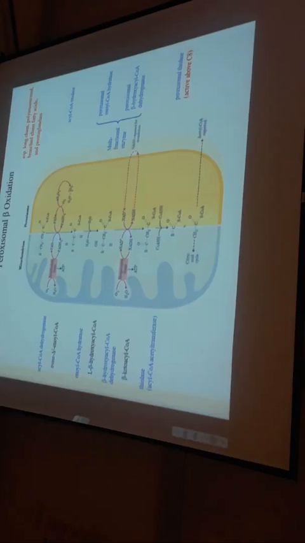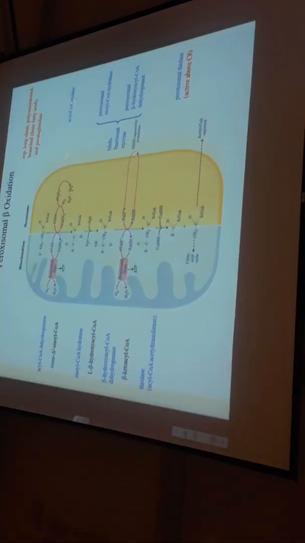There are a couple of differences. For example, here we have a multifunctional enzyme that contains the hydratase and our dehydrogenase. Here we would say second dehydrogenase. The specificity of the thiolase is a little different. It actually is active if we have fatty acids that are longer than 8 carbons long.